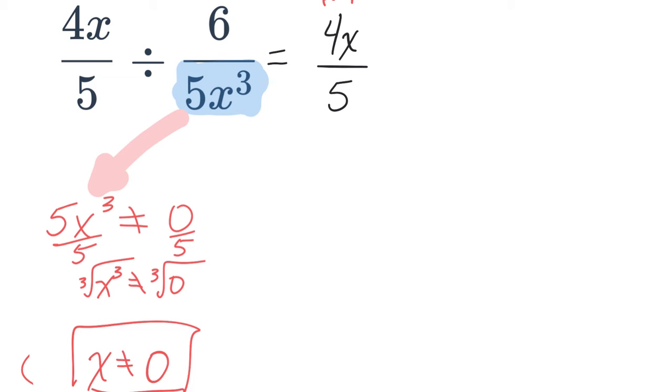Next thing we're going to do is the change, and the change refers to changing division to multiplication. And then the flip refers to the second expression here, which is 5x to third power over 6. And that is our flip in our expression keep, change, flip.